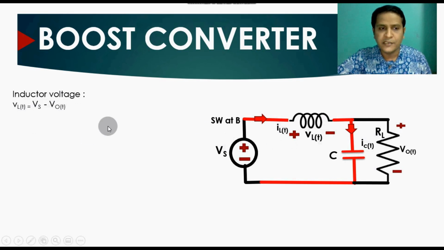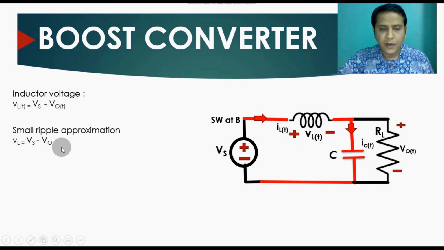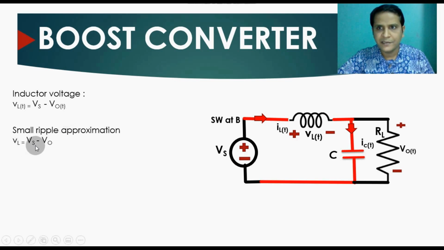So this is the voltage across the inductor. If you apply a small ripple approximation for this case, your inductor voltage VL equals Vs minus VO, right? Vs minus VO.